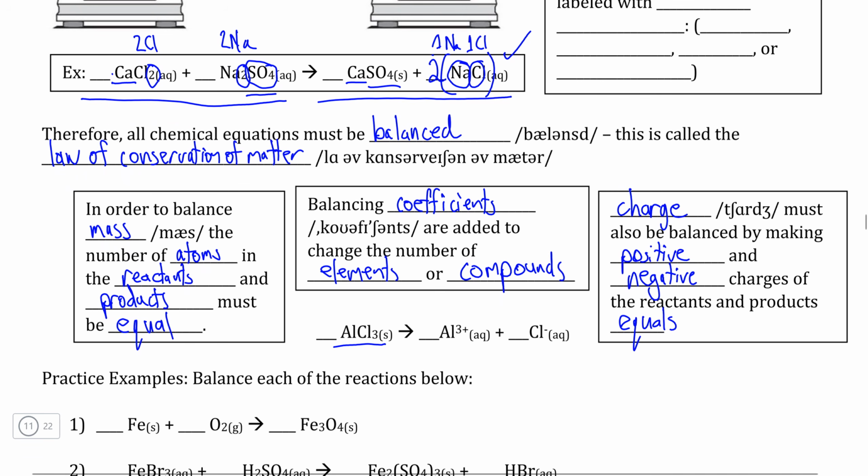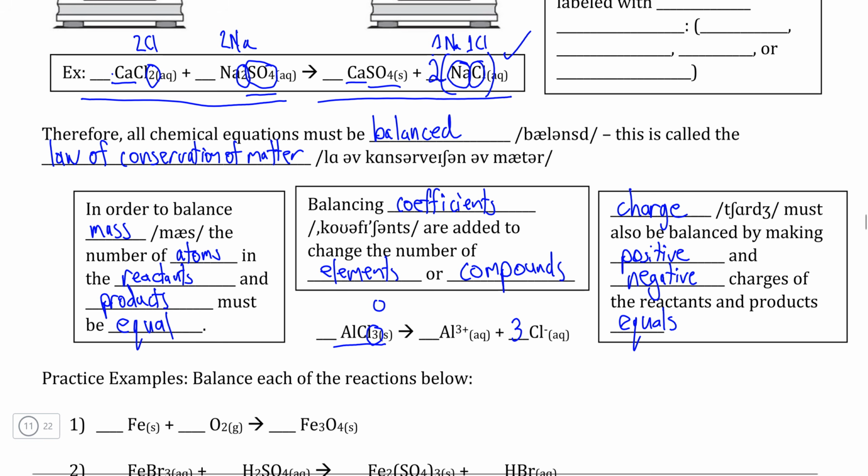So in this case, aluminum chloride, the ionic compound, actually has no charge here, meaning that we need a total charge of 0 in our products here. Well, we can actually fix this just by balancing the number of chlorine atoms. So we've got 3 chlorine atoms in the reactants, and therefore we can add a balancing coefficient of 3 in front of the chlorine ion here.